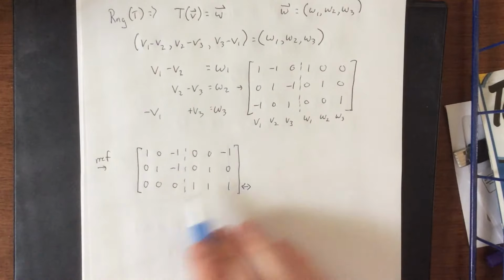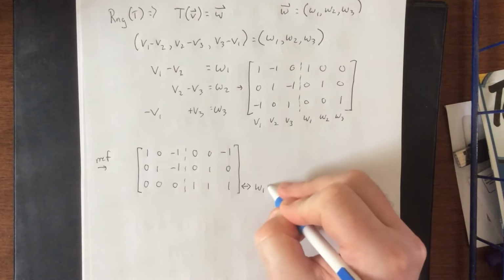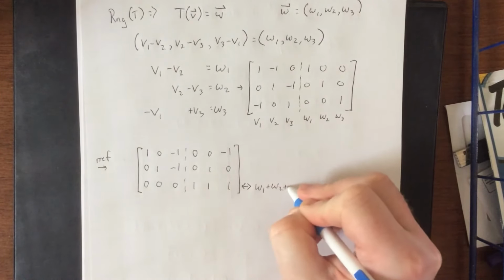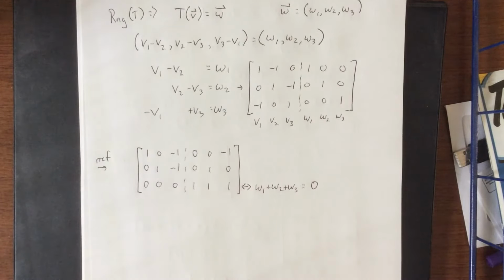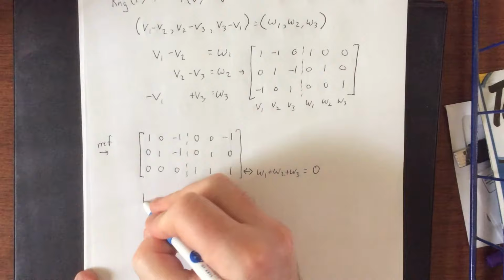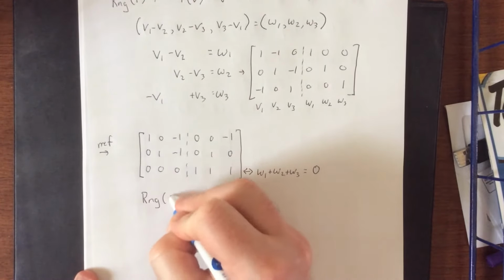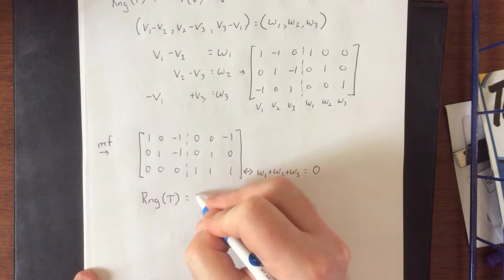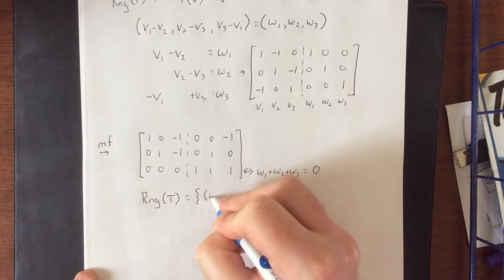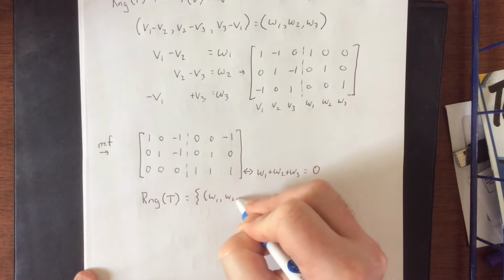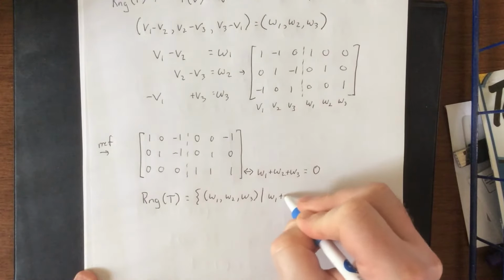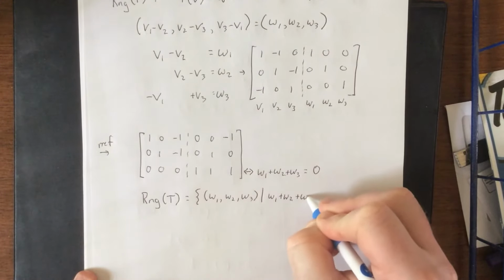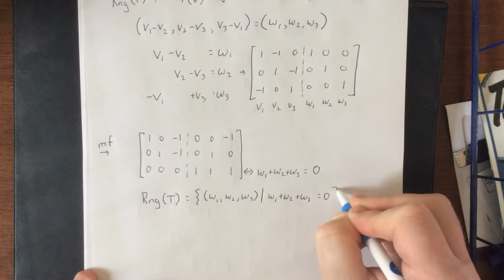According to our column labels, this is telling us that W1 plus W2 plus W3 is equal to 0. So if we're interested in a range of T, the range of T is going to be the set of all vectors of the form W1, W2, W3, such that W1 plus W2 plus W3 is equal to 0.